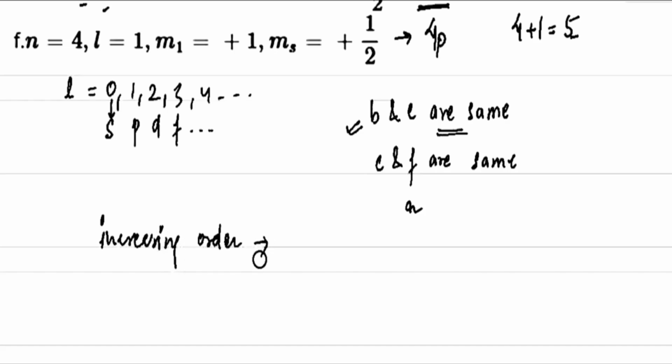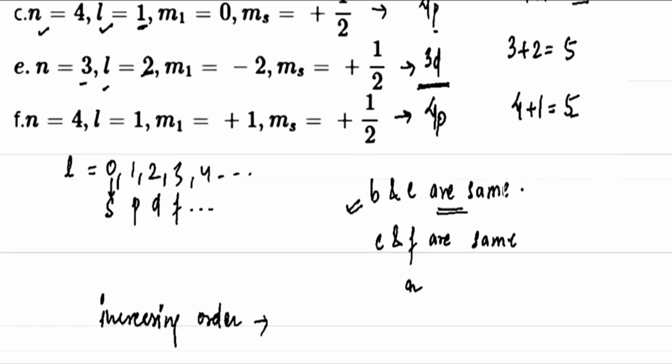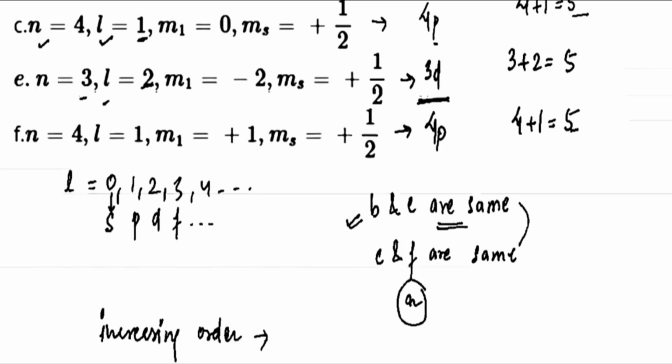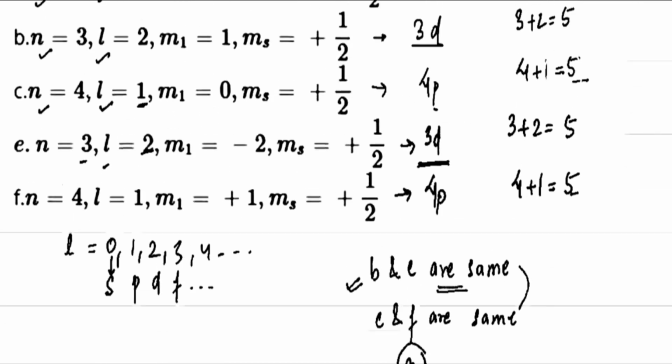Now for the increasing order, first we need the lowest energy level. How can we decide the lowest energy level? Between these two only we have to decide, because A is already the highest. The n plus l value is equal in both, so we only have the principal quantum number, and if the principal quantum number is more, then the energy level is also more, right?